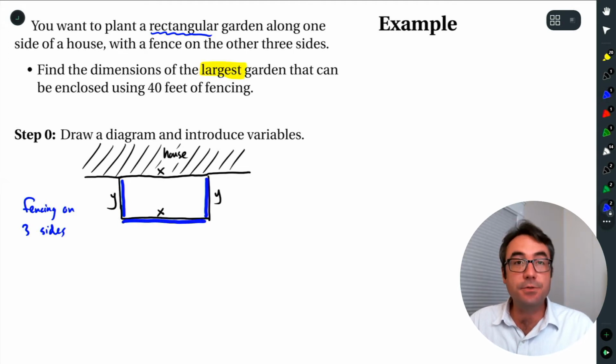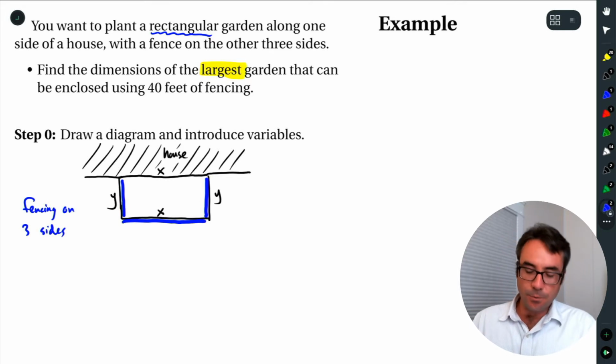And we've introduced our variables x and y. Now we want to figure out what are some of the different equations we might be interested in when it comes to a rectangle. We see that we're dealing with fencing.